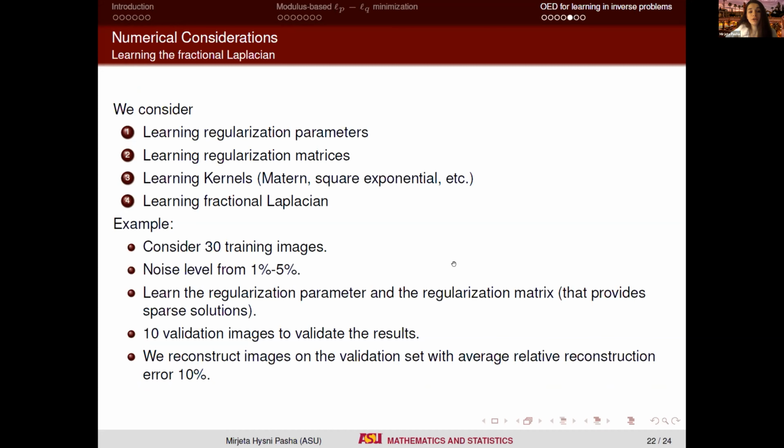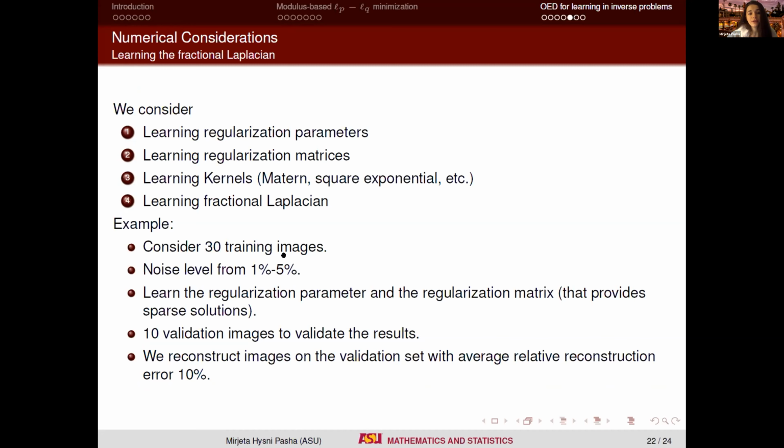The fractional Laplacian is actually a special case of this general framework.